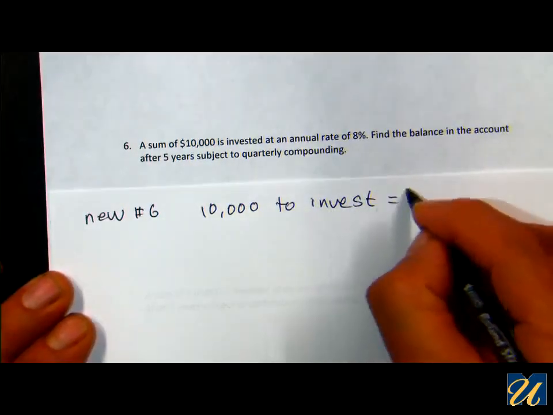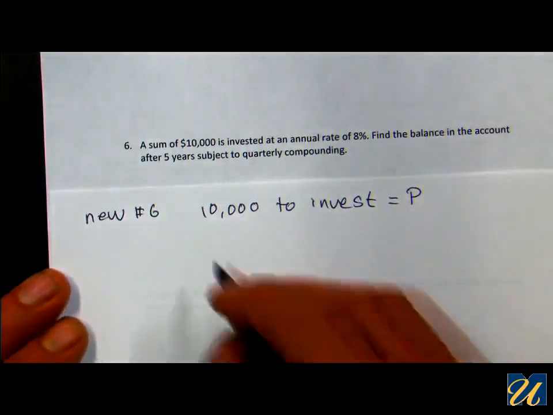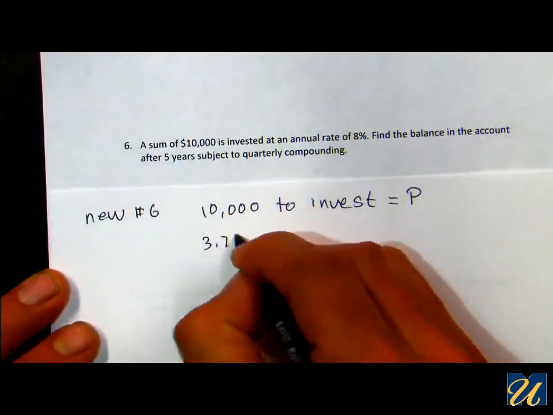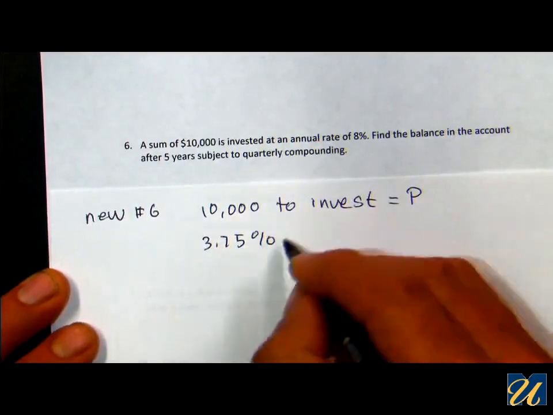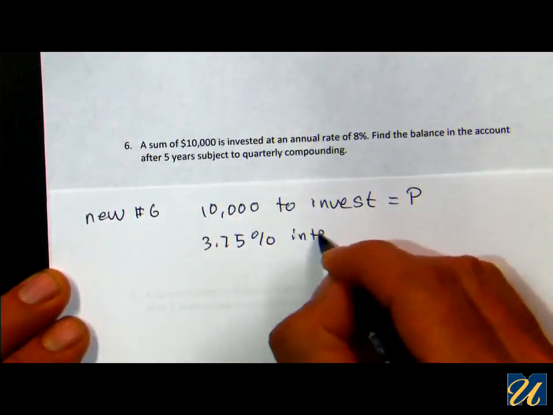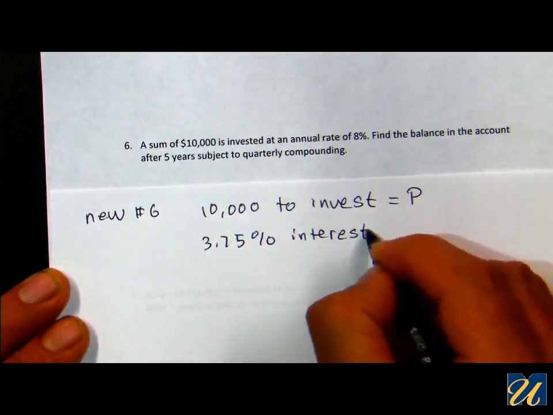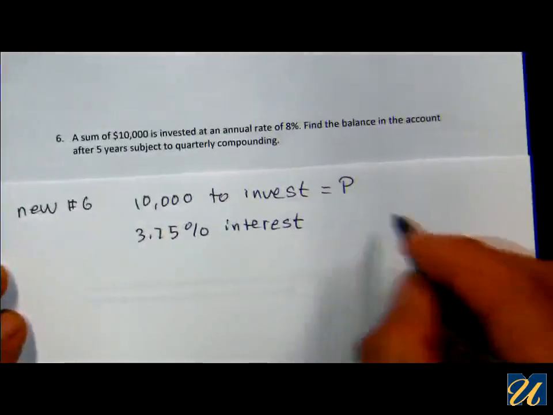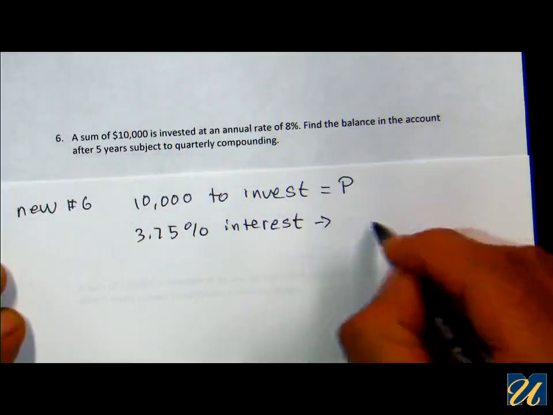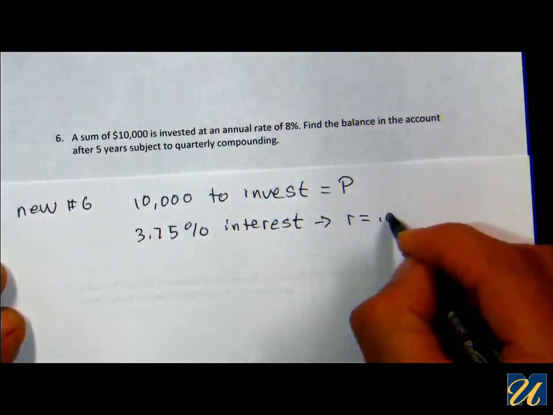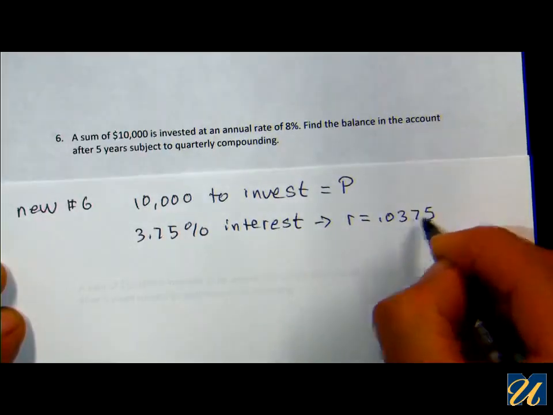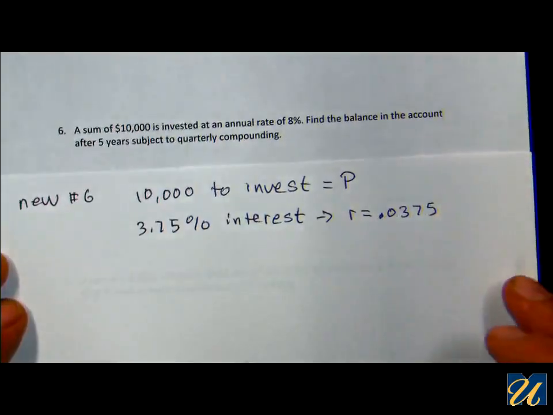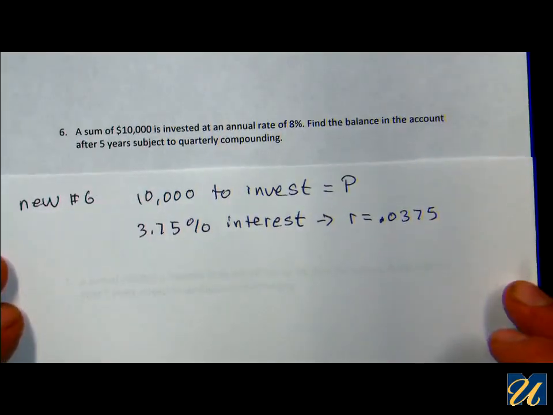This is P. And we'll get 3.75% interest. Okay, that's not R. R is the decimal form. So R is 0.0375. Always convert it to decimal form before using the compound interest formula.